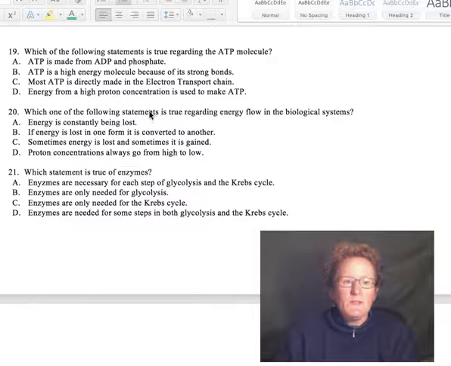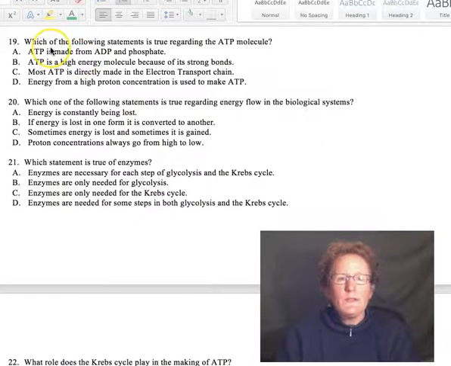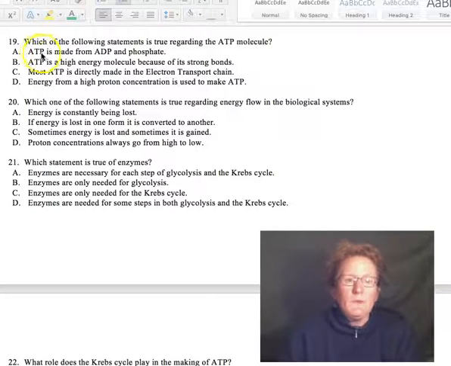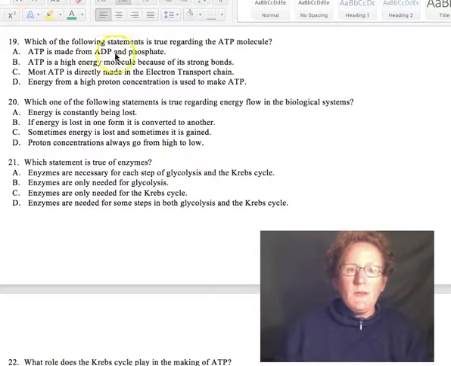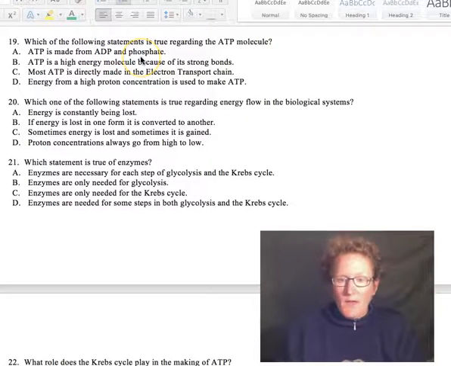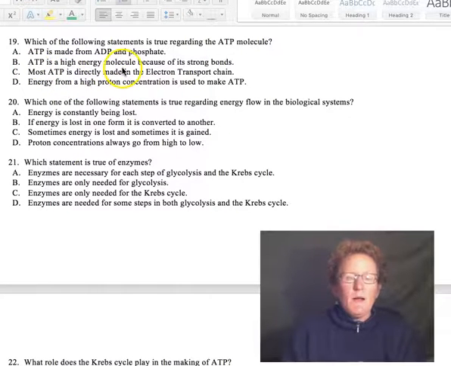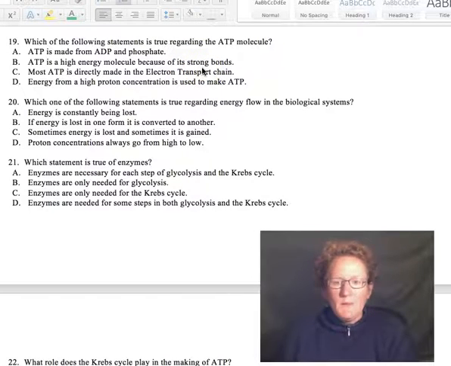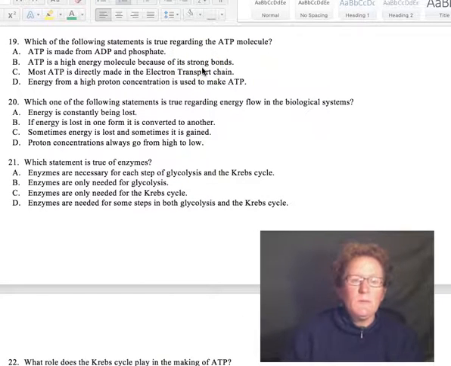So let's finish up here. Question 19, which of the following statements is true regarding the ATP molecule? Well, we know ATP is made from ADP and phosphate. We just saw that in the animation. ATP is a high energy molecule, but not because of its strong bonds. Remember, it's a weak bond between the second and third phosphate group. So B isn't true. Most ATP is directly made in the electron transport chain?